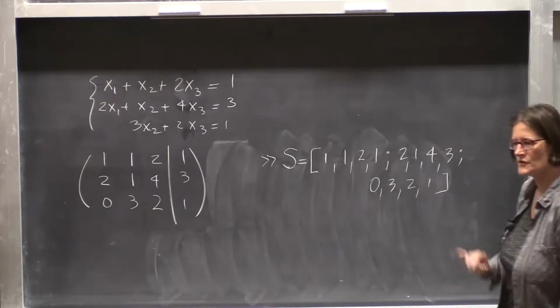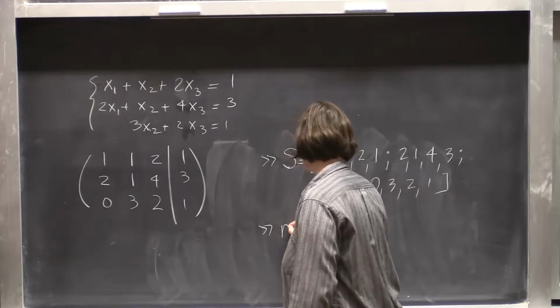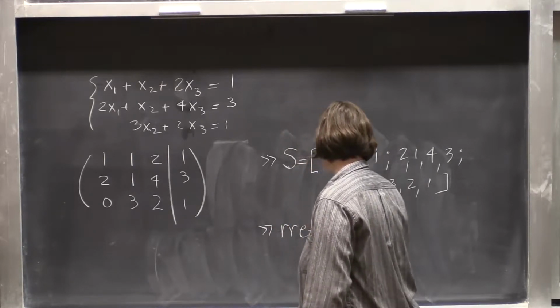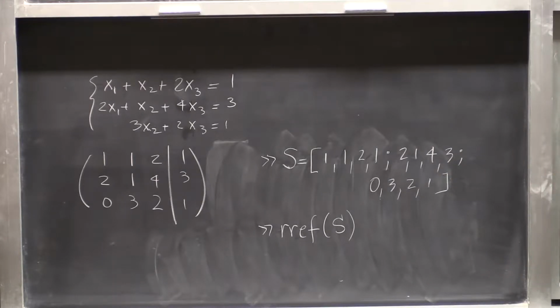You define the matrix. Then at the command line, you would say rref of S, and Matlab would give you this. So if you're ever wanting to check your work, that's how you would check it with Matlab.